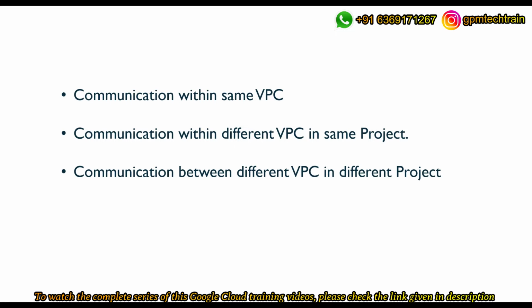In this video, let's start with the first one, establishing a VPC peering between different VPCs within the same project. Following that, in the next video, let's see how to establish a VPC peering between different projects. Fine. Let's go to our console.